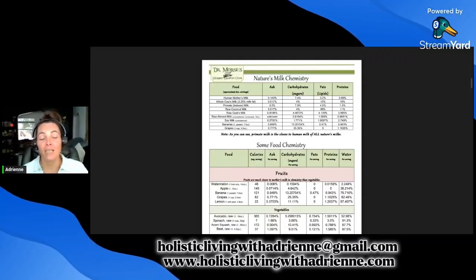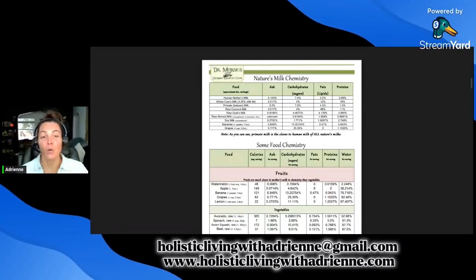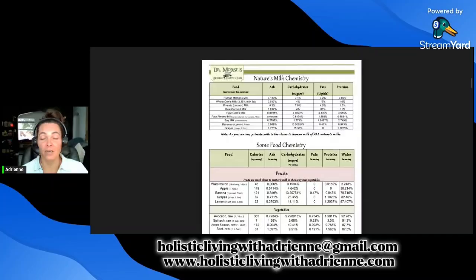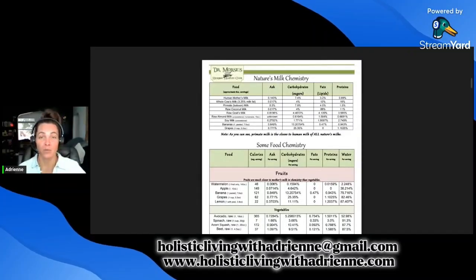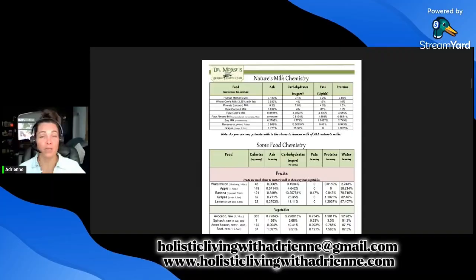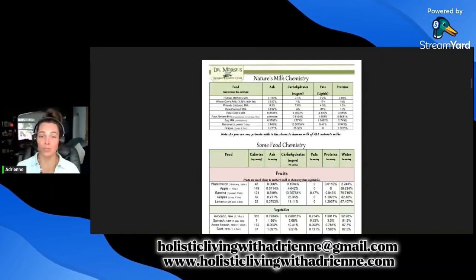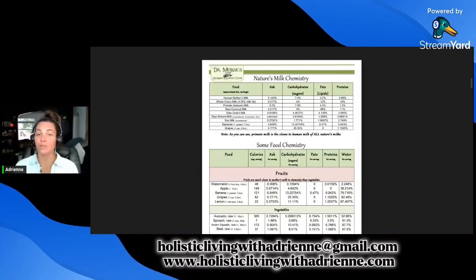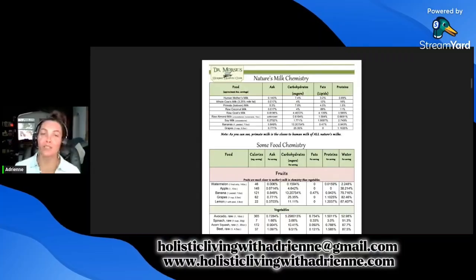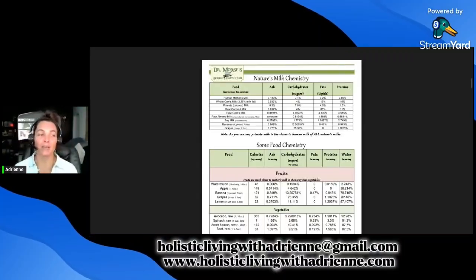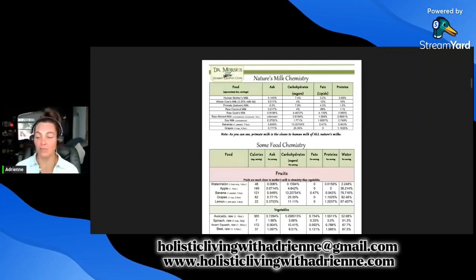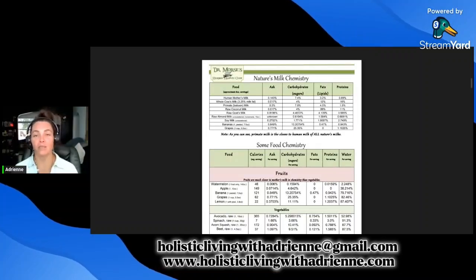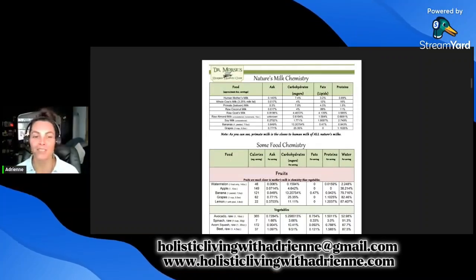So when we are feeding our children whole cow's milk when they're younger, that is a lot of protein. We're not baby cows. We do not need that much protein. If you see the comparisons here, humans require carbohydrates, and you'll see that in anatomy and physiology, how the body thrives on simple carbs, which are fruits.